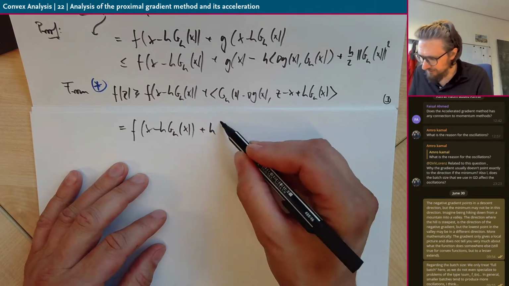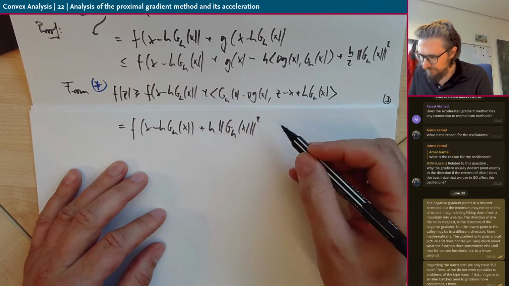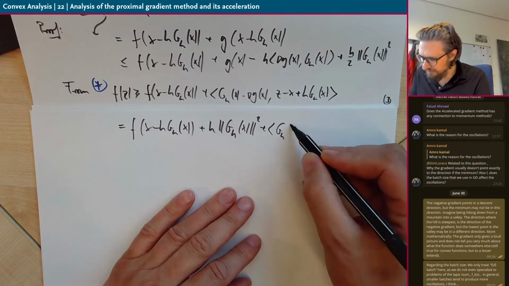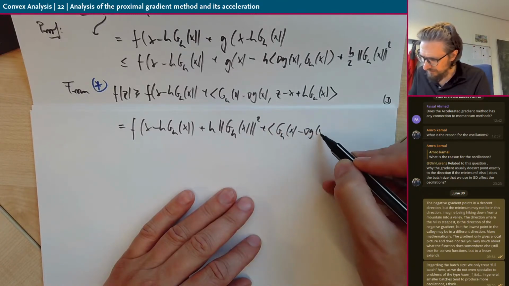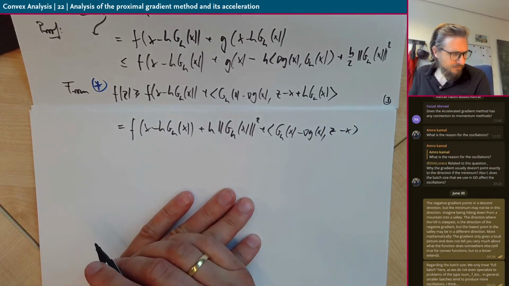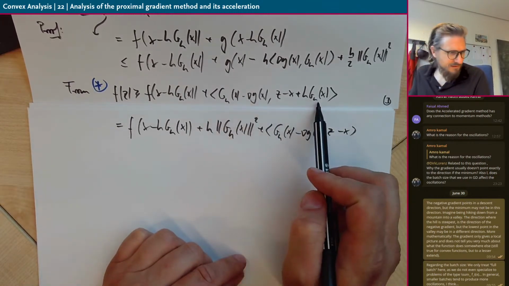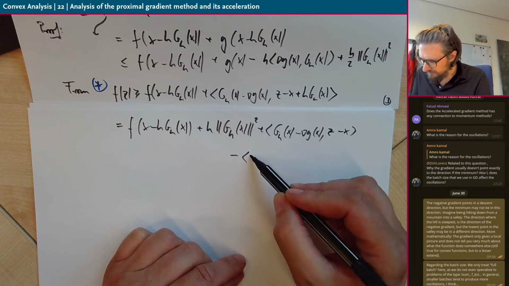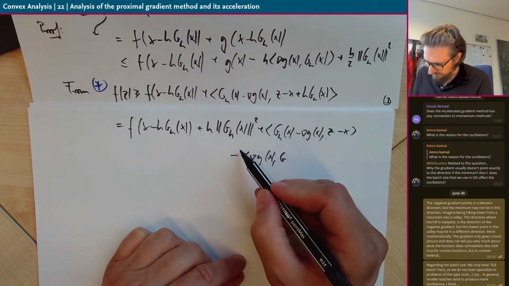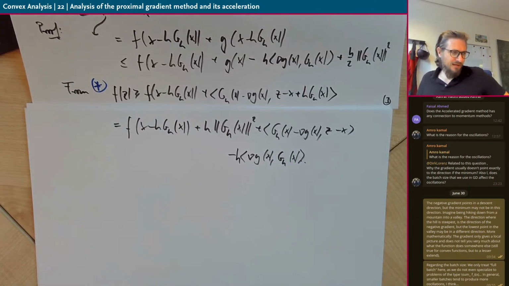So it's h times the gradient gh of x squared, and the rest we write as plus a product of gh of x minus gradient g of x times z minus x, and then we missed this guy times this guy, which is minus gradient g of x and h times gh of x. So that's what we get.